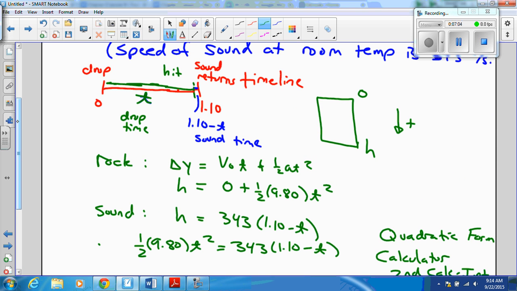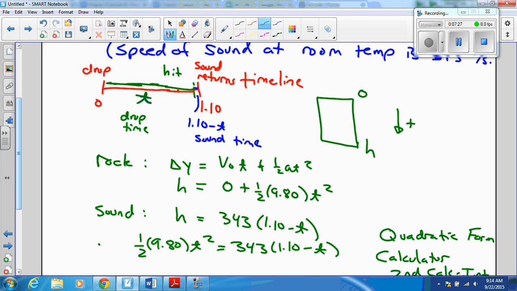The physicist is going to say, look, the amount of time that the sound is traveling back is really, really small. The sound comes back just like that. So I'm going to pretend that it takes no time at all, and I'm just going to solve the problem as if the entire time were the drop time.